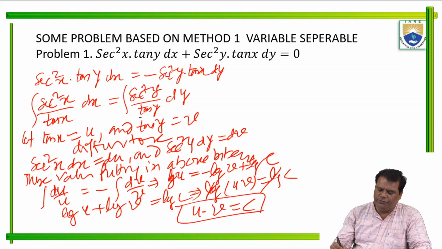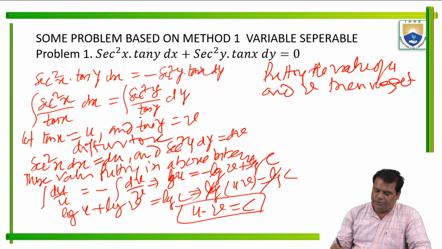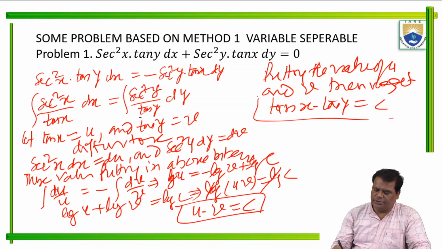Putting the values of u and v, we get tan x into tan y equal to c. This is the solution of problem 1.